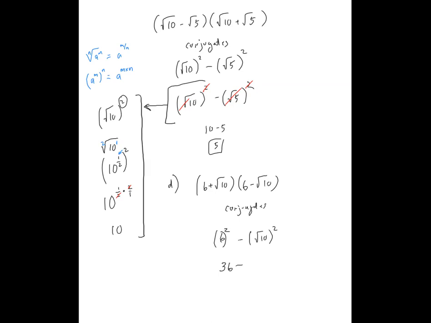What cancels? The 2's. The square root and the square. Very good. Cancels out, leaving us with 10. 36 minus 10 gives us an answer of 26.